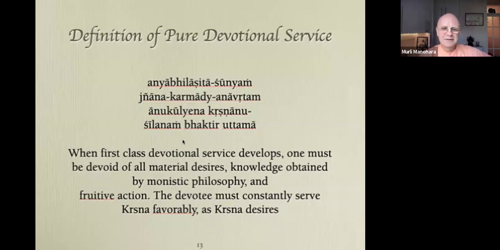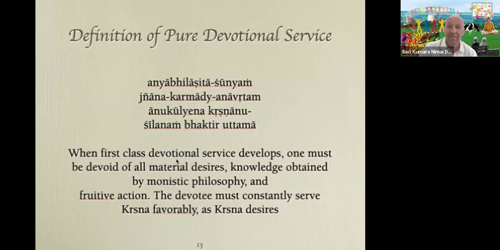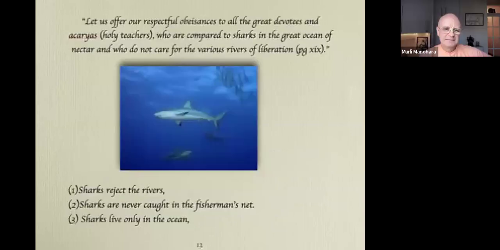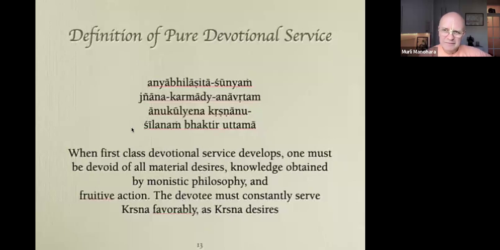Anybody else? Let's have two more. There was mention of the sharks swimming in the ocean, that they're not found in the rivers. So where devotees swim, we are swimming in the ocean of devotion, like sharks. One more?